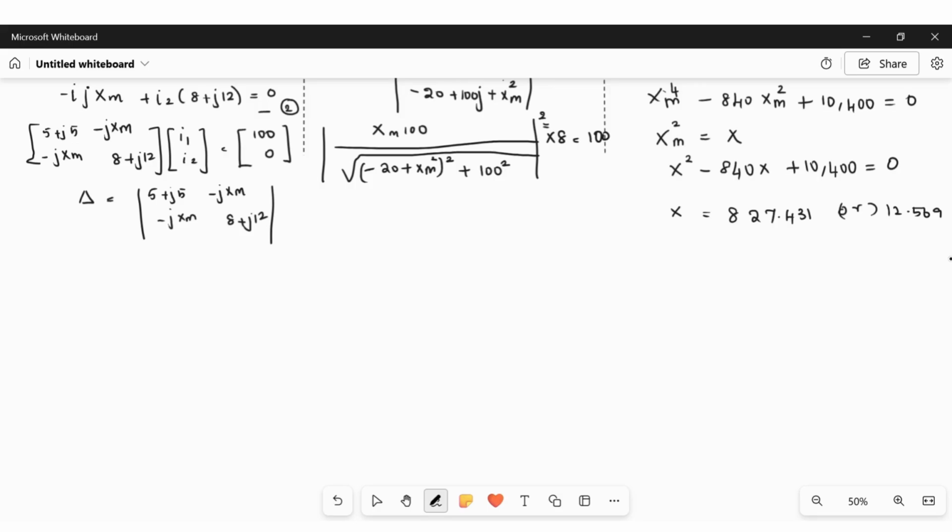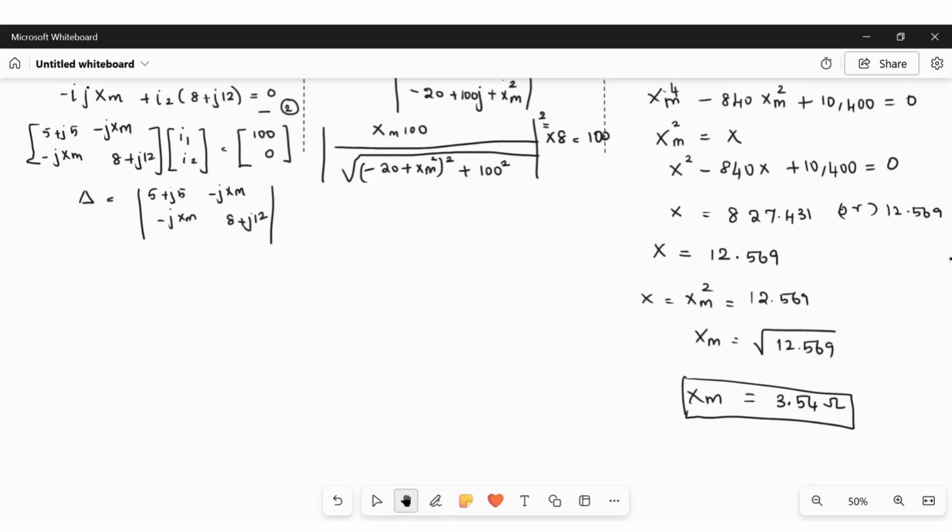Now to physically realize the circuit, we are going to choose the x value as minimum as possible, which is 12.569. We all know x is equal to XM square, which is equal to 12.569. Therefore, XM is equal to root of 12.569, so XM is equal to 3.54 ohms. This is the mutual reactance for the problem. Thank you.